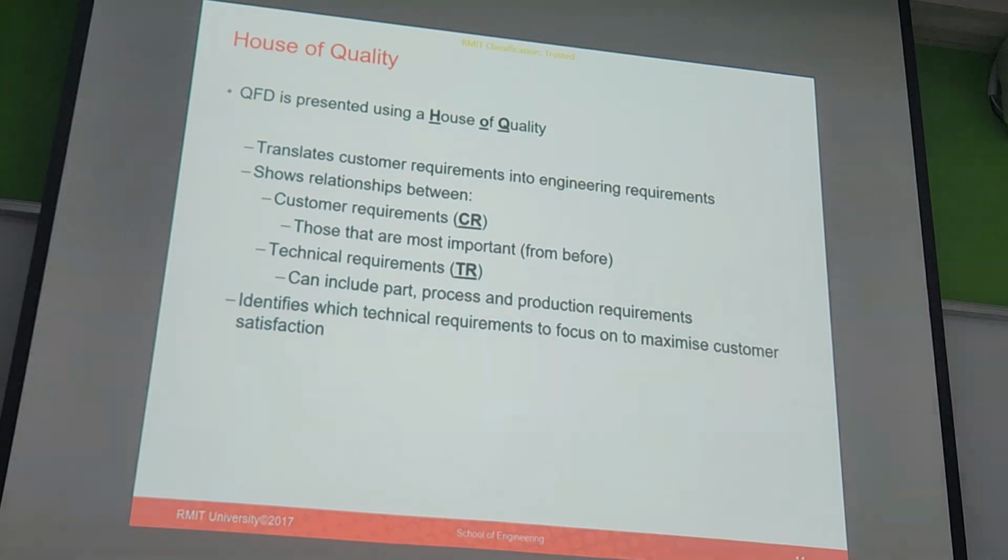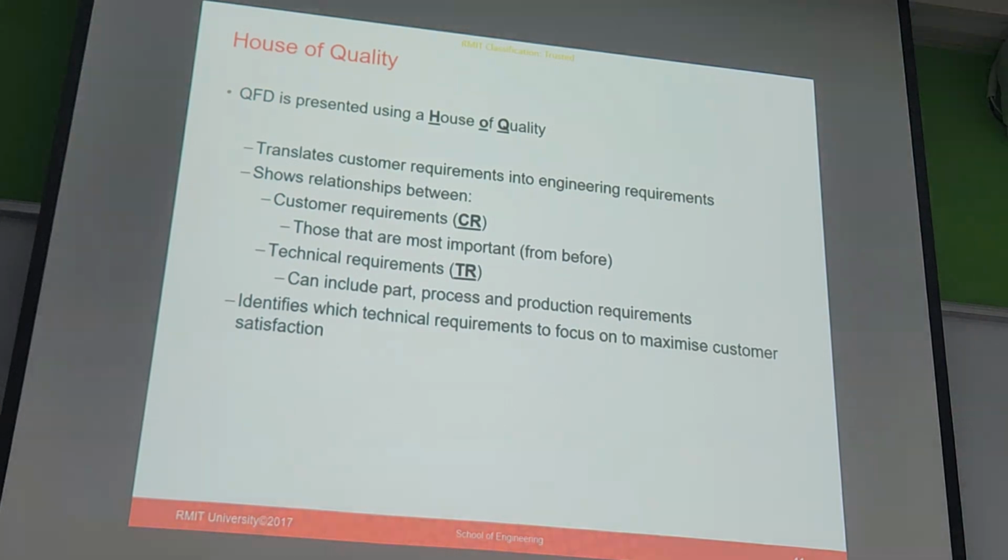Please everybody write it on the paper: CR. It means customer requirements. Just write it, not too much. CR means customer requirements, and TR is technical requirements.